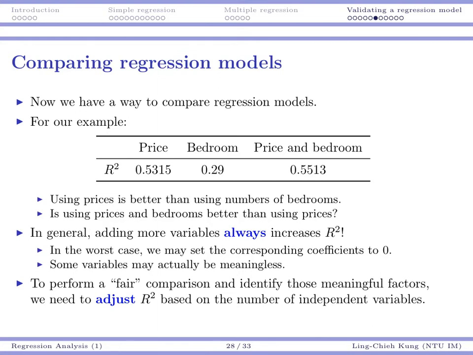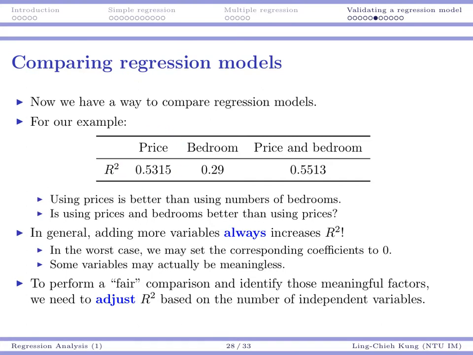That's another way to say that bedrooms are really not so useful in this particular model. But then you may still think at least 55 is greater than 53. Using two variables is still more precise than using only one variable.